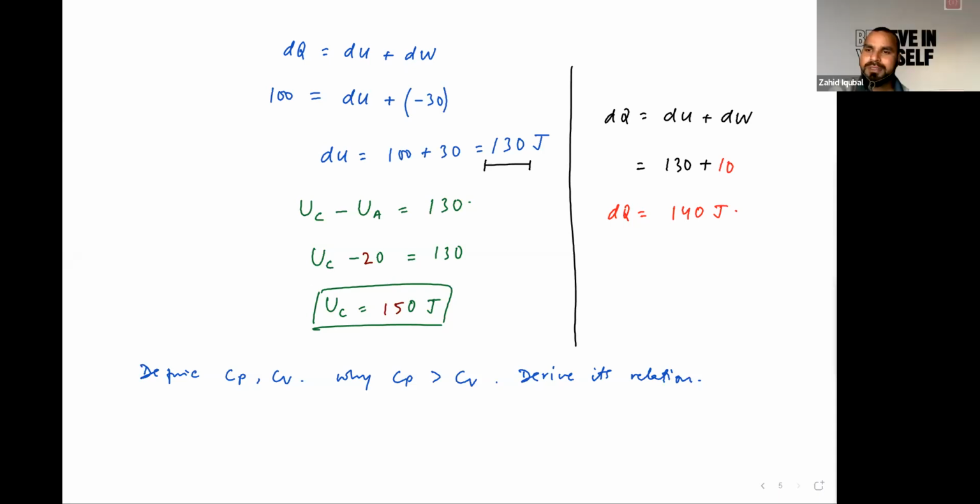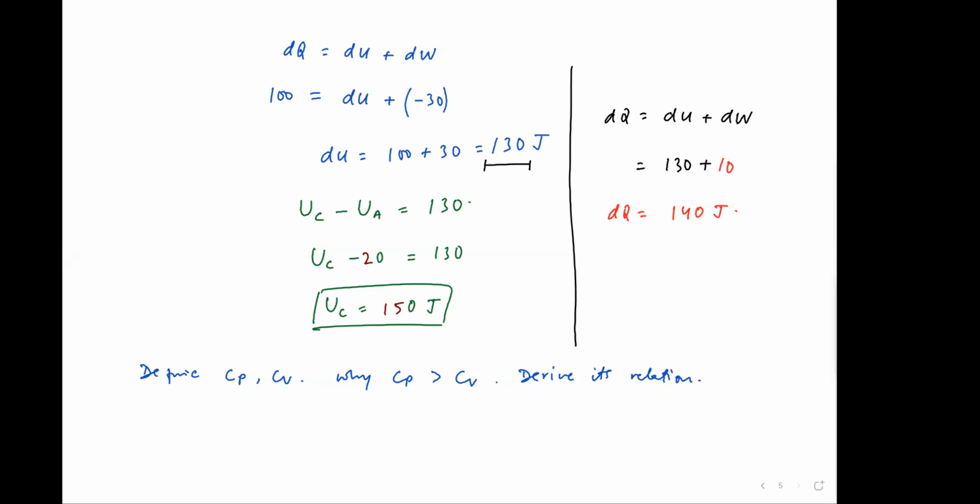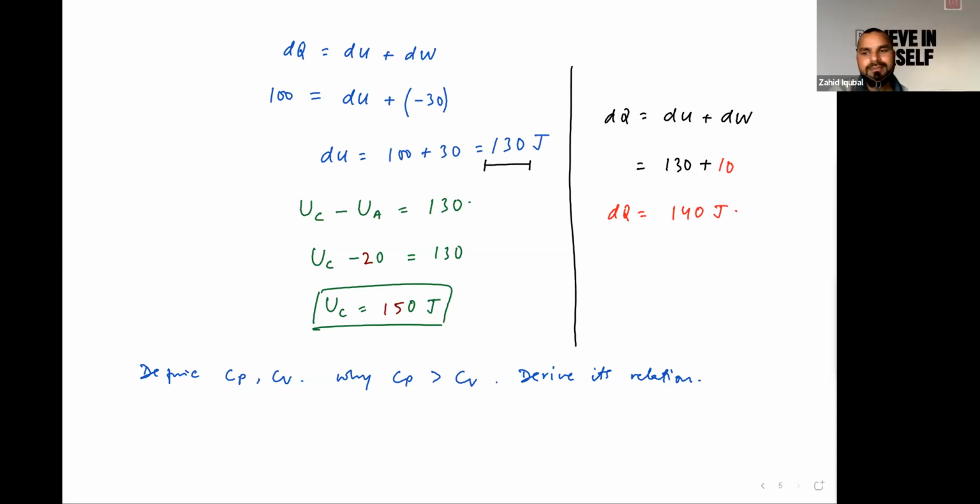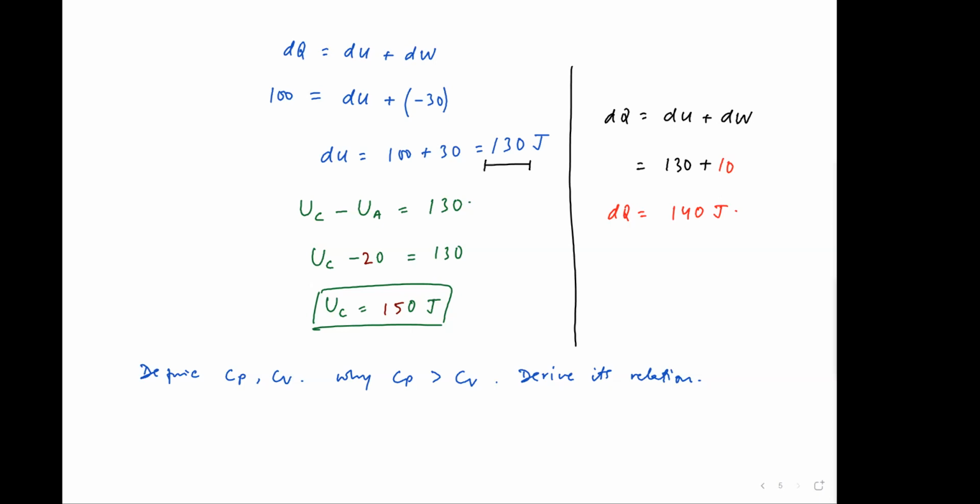What do you mean by molar specific heat? The amount of heat required to raise the temperature of the substance by 1 Kelvin.